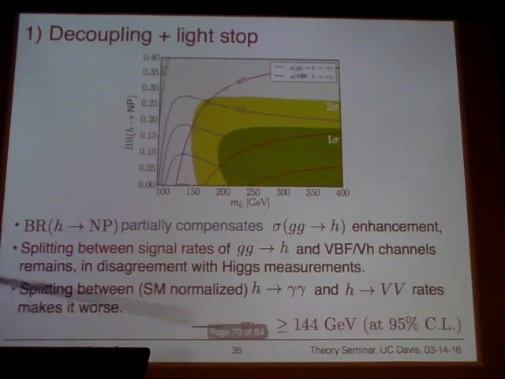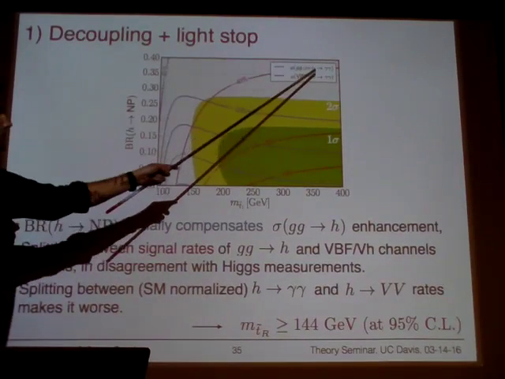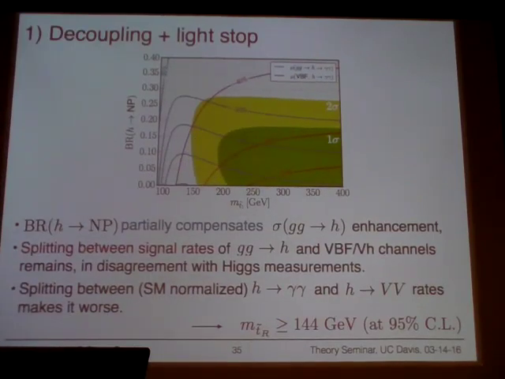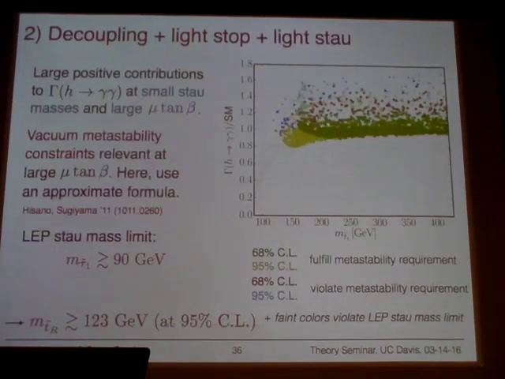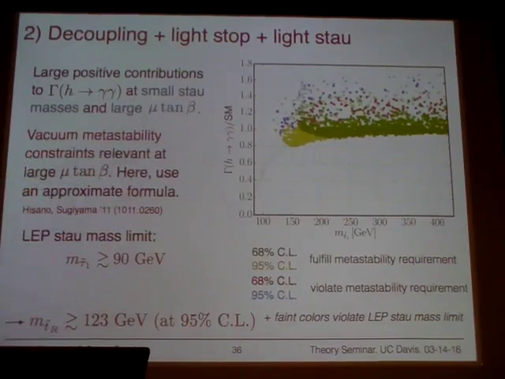This is a motivation for why we want to introduce other light charged states, because they can give a positive contribution to gamma-gamma again and maybe weaken this tension a little bit. This is what I show next. If you add a light stau, the contribution to Higgs to gamma-gamma is particularly large if we have large mu tan beta.